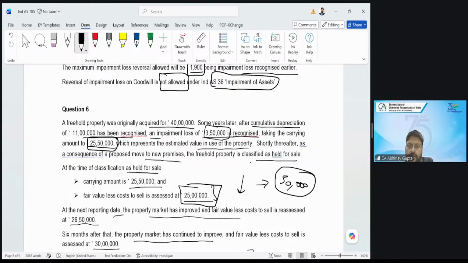So as per Ind AS 36, before the classification to held for sale under 105, an impairment loss of 3 lakh 50,000 was recognized on that very date. Now this 3 lakh 50,000 plus 50,000 as held for sale, right? So the total loss which was recognized was 4 lakh.